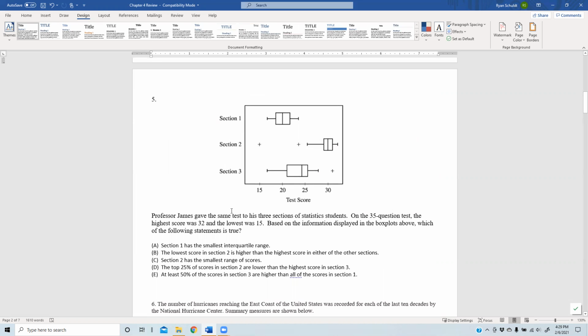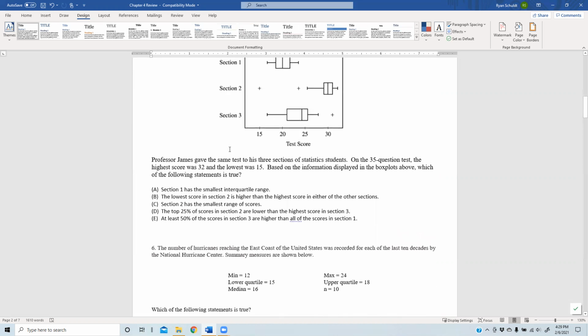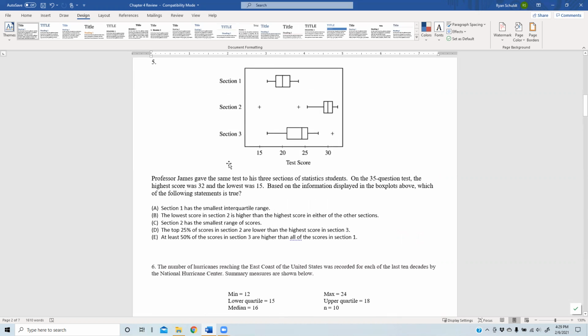Okay, number 5. Professor James gave the same test to his 3 sections of statistics students. On the 35-question test, the highest score was a 32 and the lowest was a 15. Based on the information displayed in the box plots above, which of the following is true? A says section 1 has the smallest interquartile range.